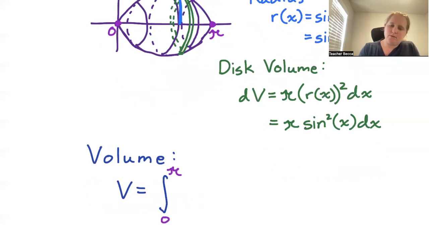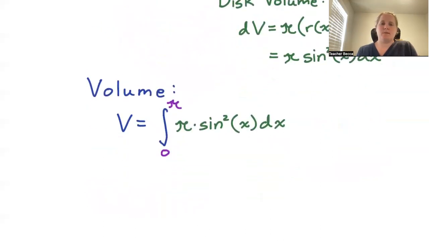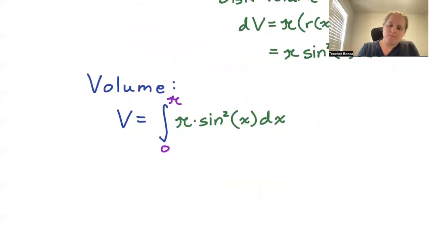So the definite integral from 0 to pi of pi times sine squared of x dx. So we are looking at pi times the definite integral from 0 to pi of sine squared of x dx.